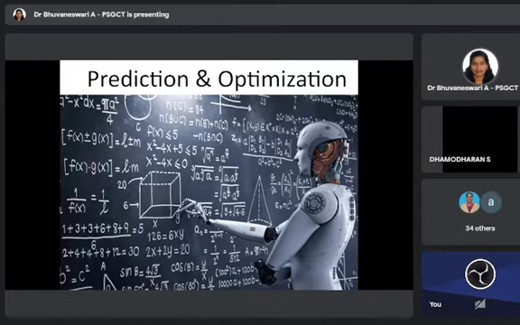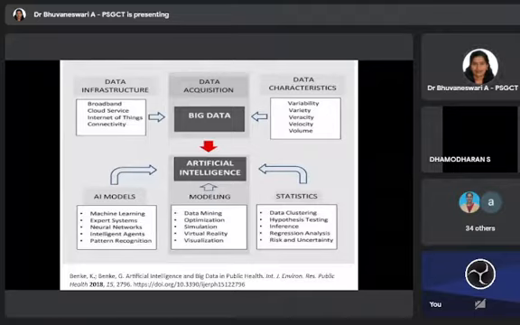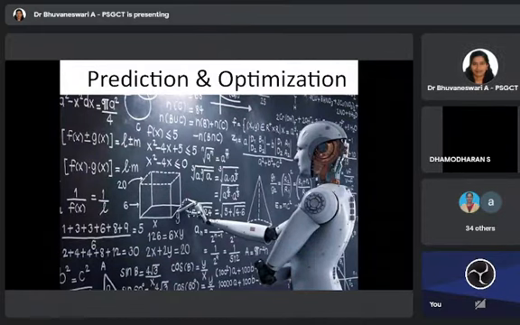It is also important for prediction and optimization. Prediction is the primary output, the main output that is generated for any application. Okay, that is prediction. And if you want to refine your data, if you want to have more precise data, then you go with optimization.